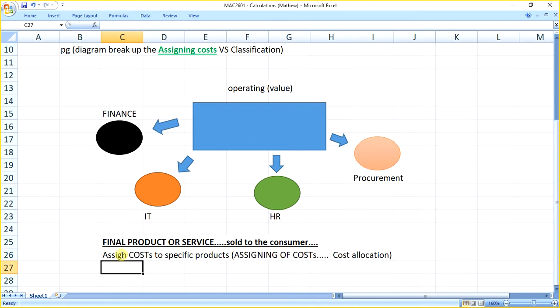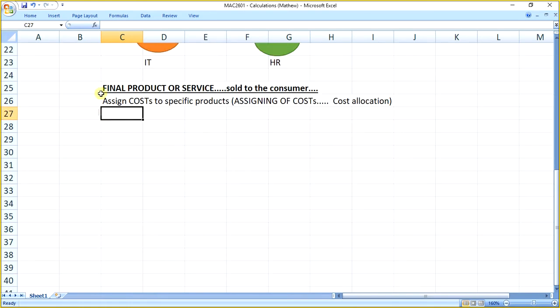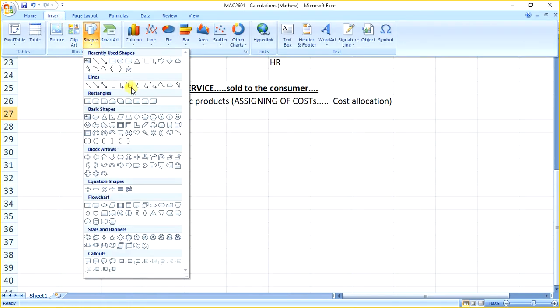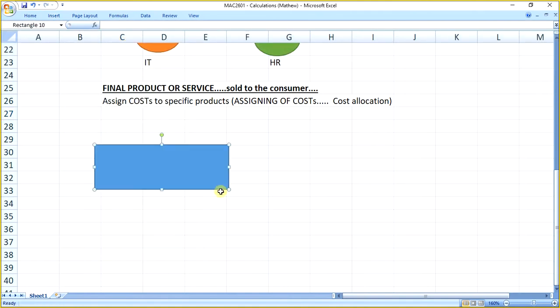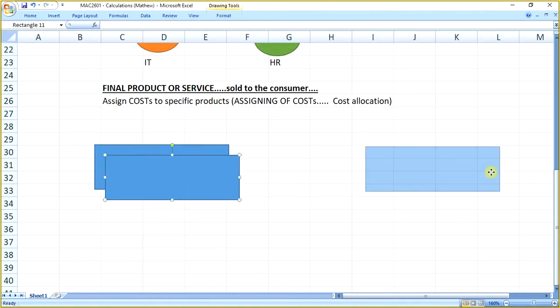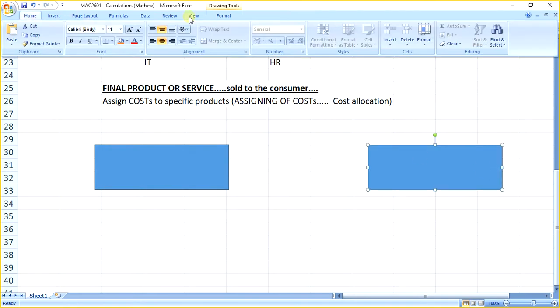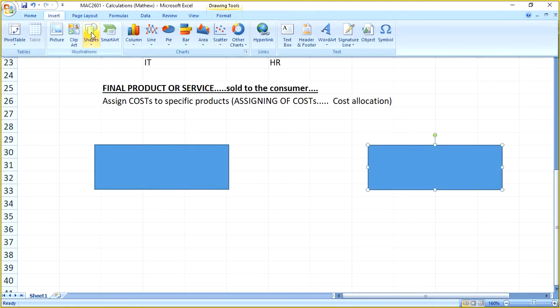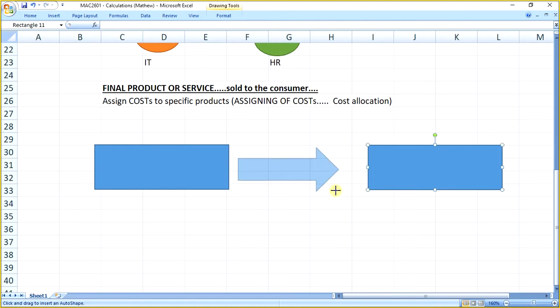You get different methods that allocate costs to different products, different outputs. So if I had to simplify management accounting, it would be looking at this: input, getting output, or creating output, and then the stuff in the middle is the actual management accounting.